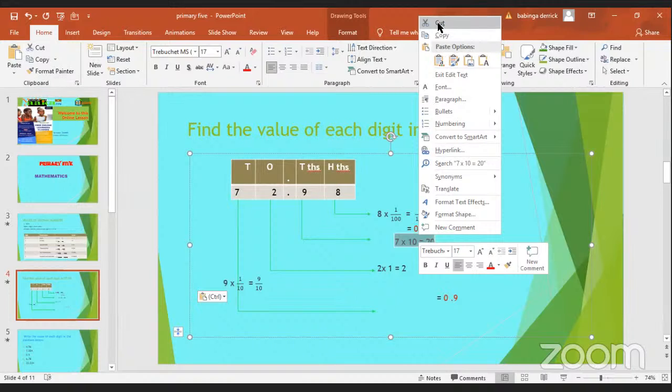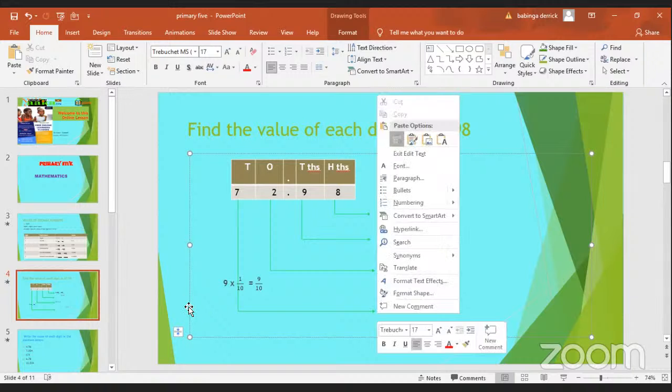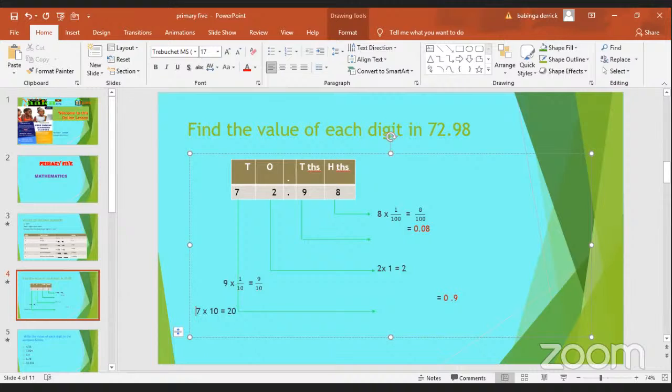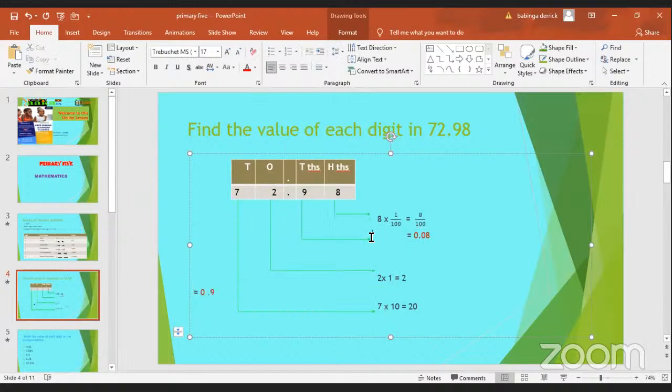What matters is what you put in the table, because you may draw it very well and design it, and later put something that is not right.